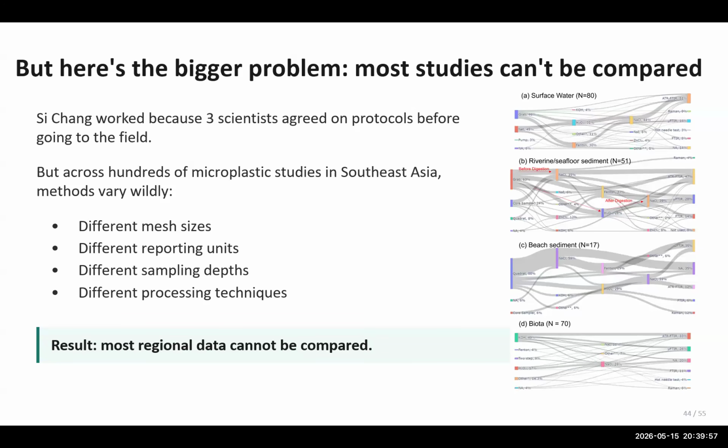Some measure at the surface, some underwater or at the bottom, or use different processing techniques. All this change in the protocol will give different results. So it's very important to use the standardized protocols I mentioned before, so you can make your data comparable with other studies. If data cannot be compared, you're wasting your time, because we need comparable data for the policy-making process. So this is very important.